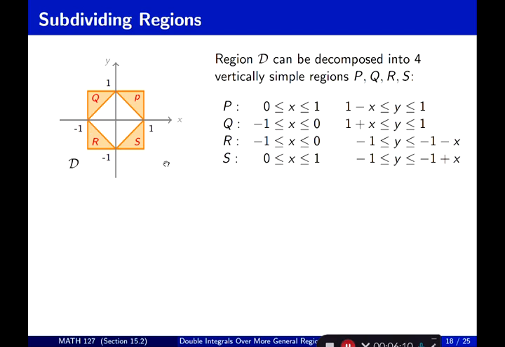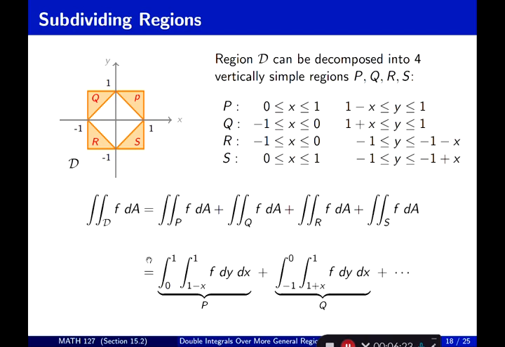And R and S, you set them all up, and then you set up 4 double integrals to find the double integral of f over this region. Our region D is going to be the double integral over P of f dA, plus the double integral over Q of f, the double integral over R of f, and the double integral over S of f.